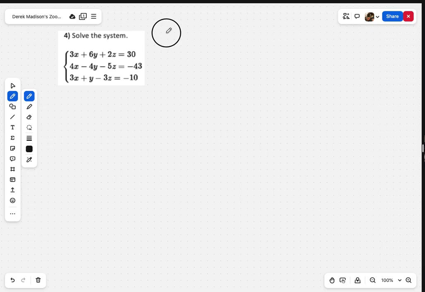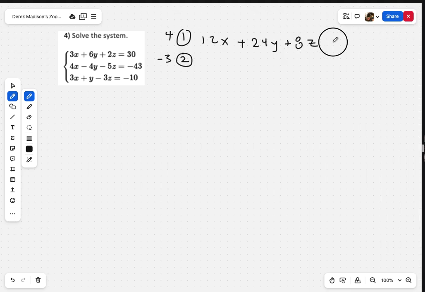So let me do the hard one first, and I'll do 4 times equation 1. So then I have to do negative 3 to equation 2, because I want them both to come out 12, but with opposite signs. So 4 times 3 is 12x, and then plus 24y, plus 8z, and 4 times 30 would be 120.